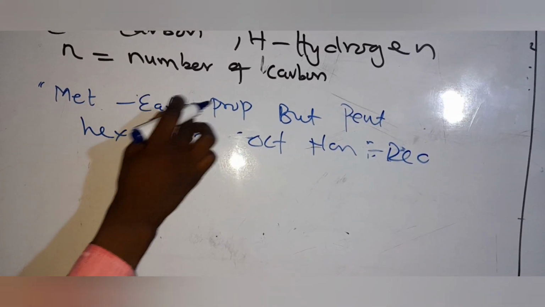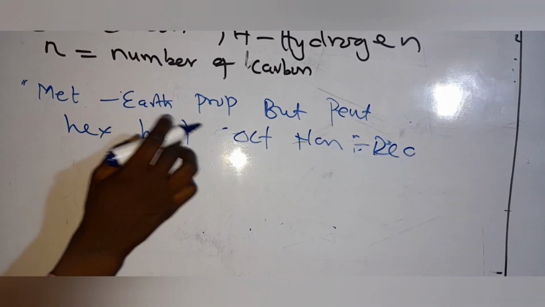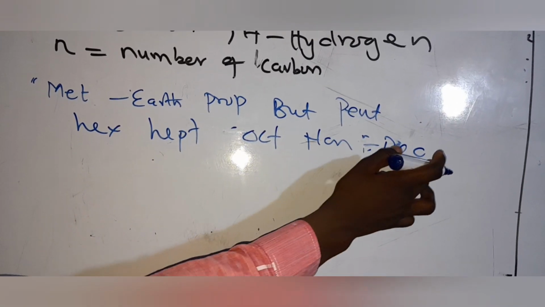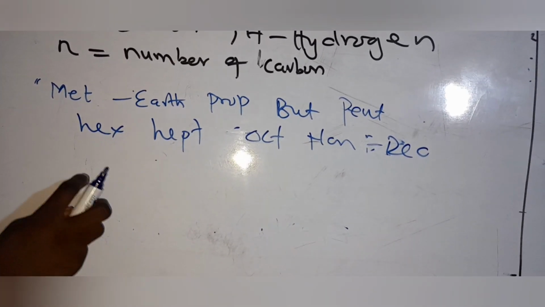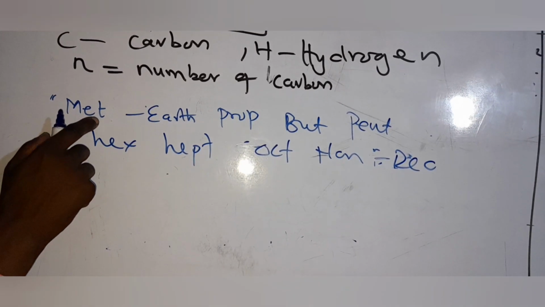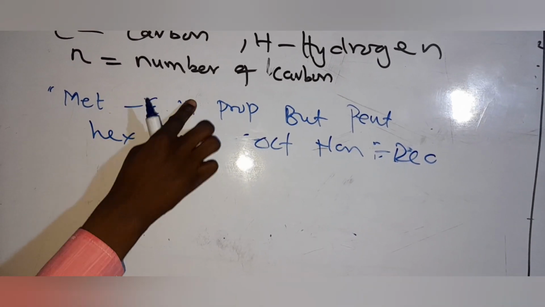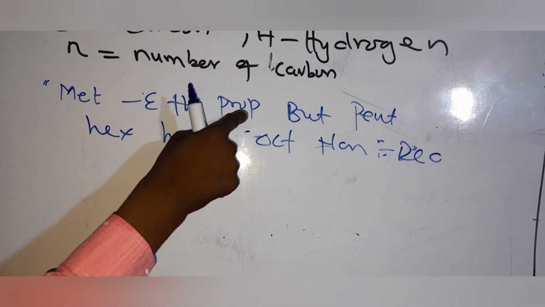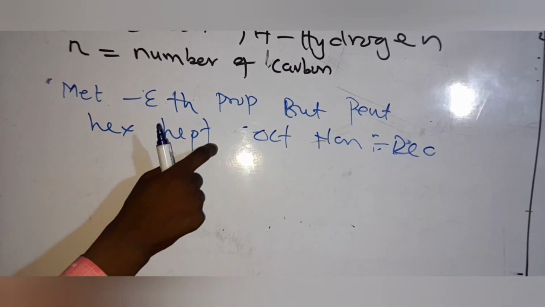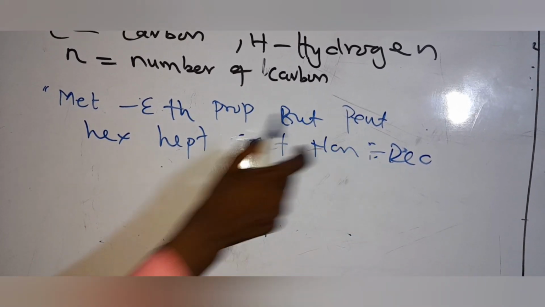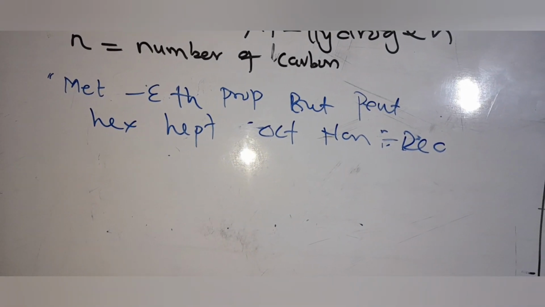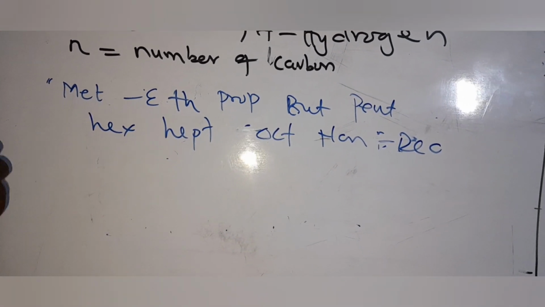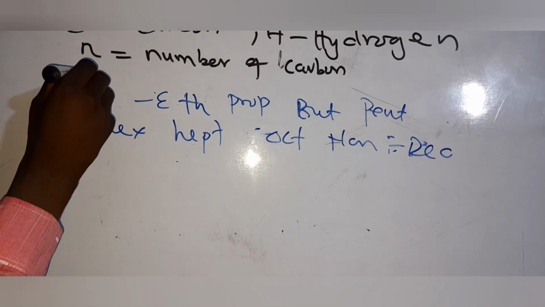We met the earth proper, but pent, hex, hept, oct, non, dec. Good. So this is going to give you a mnemonic. So "met the earth" here, I think it should be ETH, to help you: meth, eth, prop, but, pent, hex, hept, oct, non, dec. It means that if the carbon is 1, we are going to use this one.